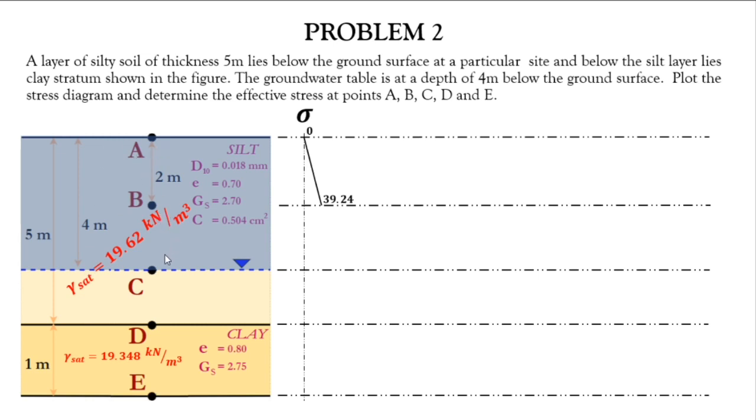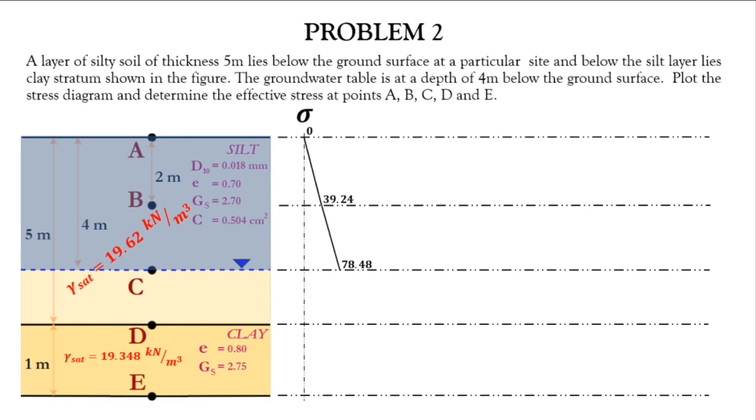So, pwede yon yung 39.24 plus 19.62 times 2. Or, 19.62 times the total height from point C hanggang sa ground surface. So, yun na lang yung gawin natin. Mas mabilis lang yung computation, giving us the value of 78.48.